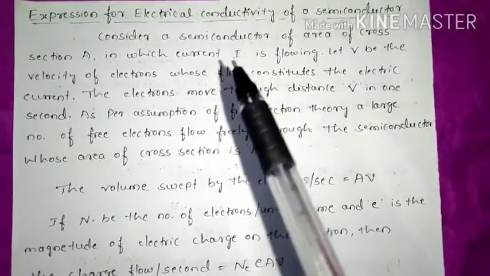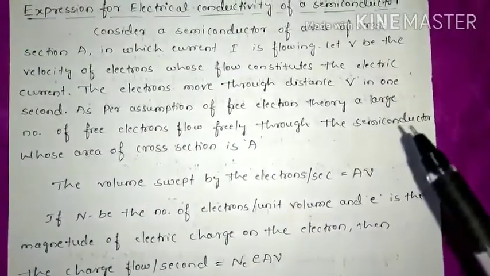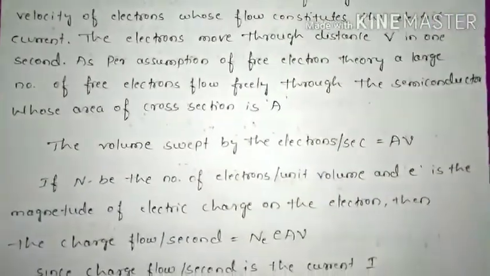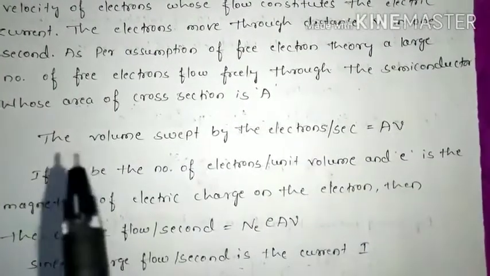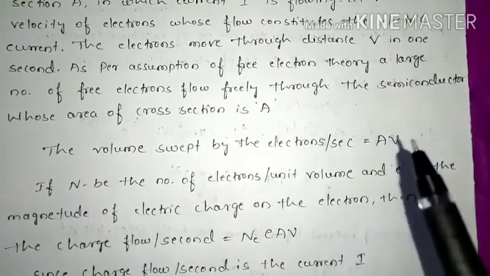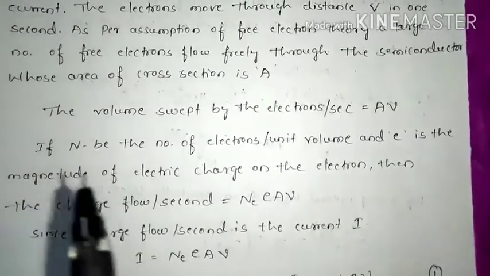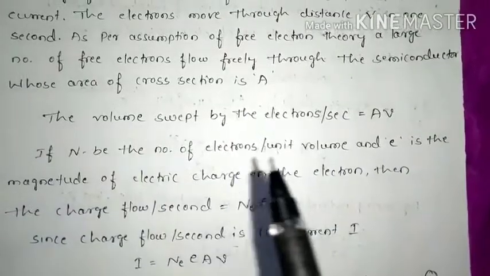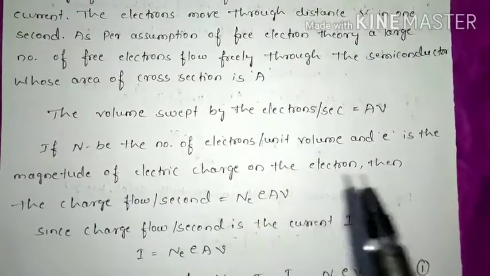So when a current I is flowing, it means many free electrons are flowing through the semiconductor whose area of cross section is A. Now the total volume swept by the electrons per second is nothing but A into v, the area of cross section and the velocity. Let n be the number of electrons per unit volume and e the magnitude of electric charge on the electron.